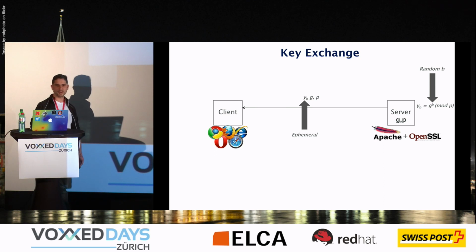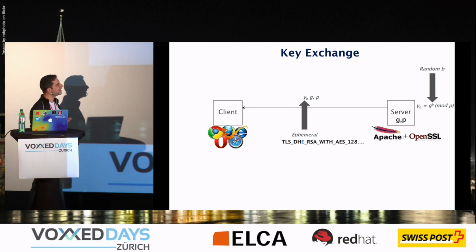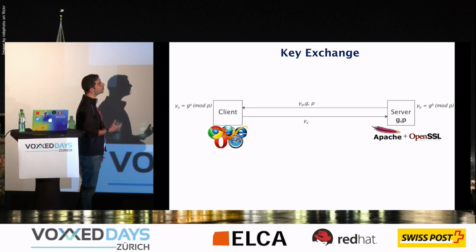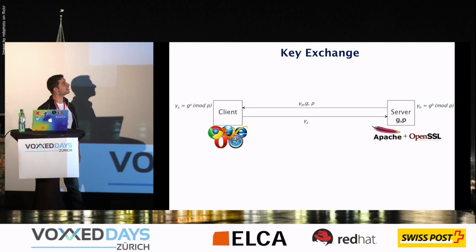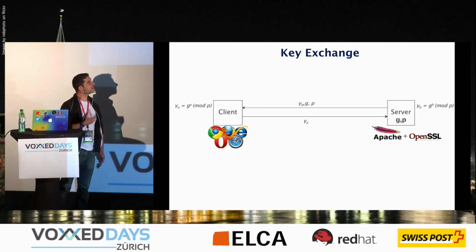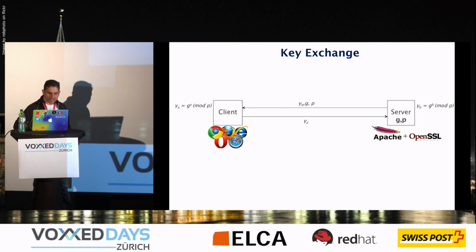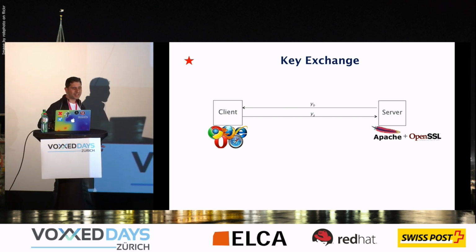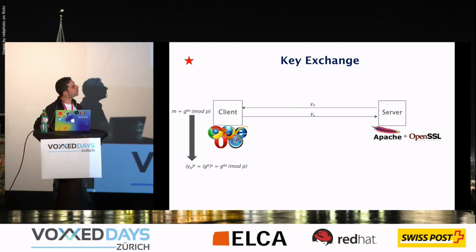That's why there is this E: it means Diffie-Hellman ephemeral, because this number should be different all the time. And then the same for the client. The browser chooses another number, uses the p and the value that the server sent, and then sends y_a to the server. And then they can agree on a shared pre-master key.